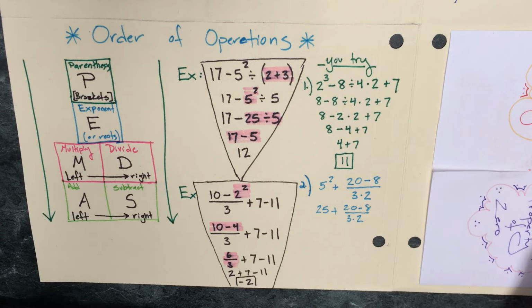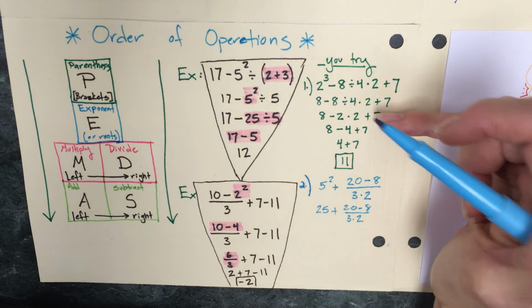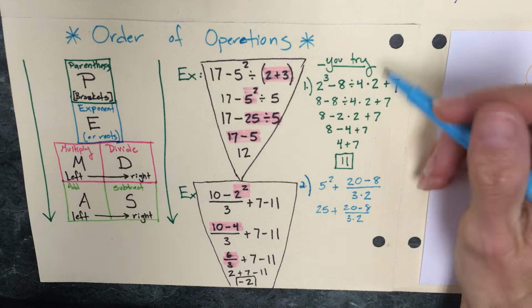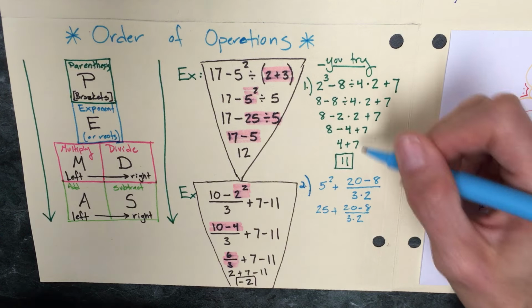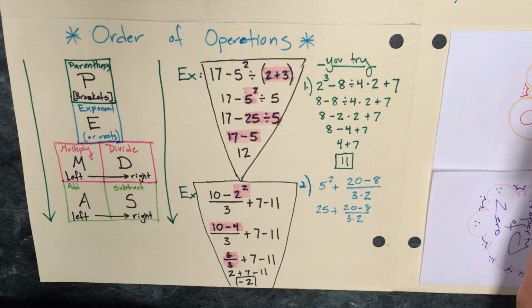I know, fun times, but you've got to show me. I want to see that you know the steps to take. And if I just see an answer and it's wrong, I will have no idea if you have any idea what you're doing. So make sure that you show me each step. It also helps you keep organized so you make less mistakes.